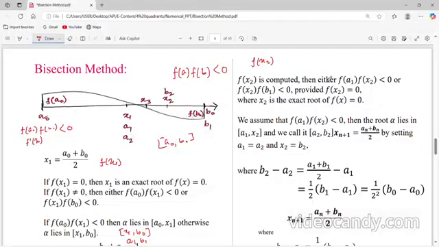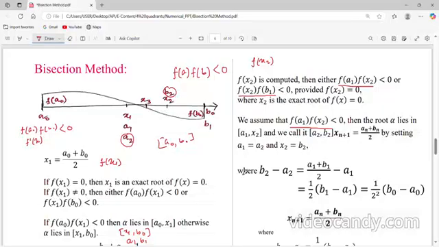That means either f(a1) f(x2) is less than 0 or f(x2) f(b1) is less than 0. So we assume that the root lies between a1 and x2. We rename the interval, a1 as a2 and x2 as b2. So the new interval is [a2, b2].